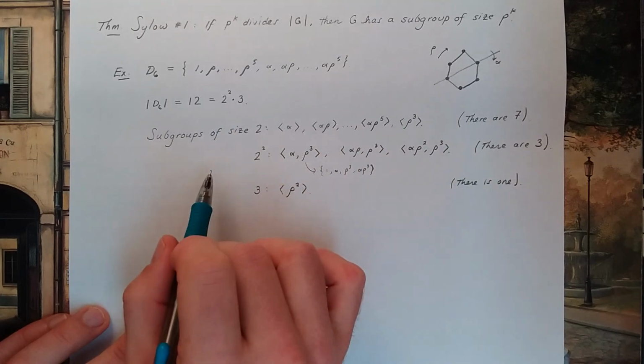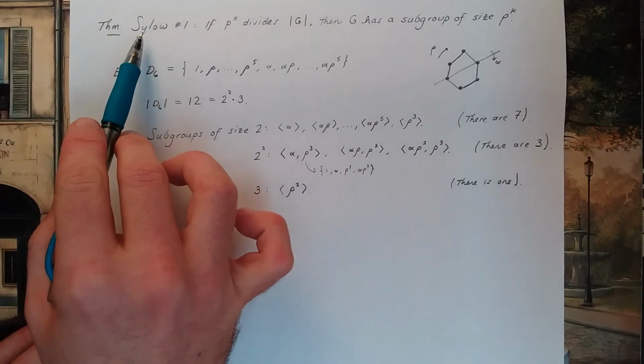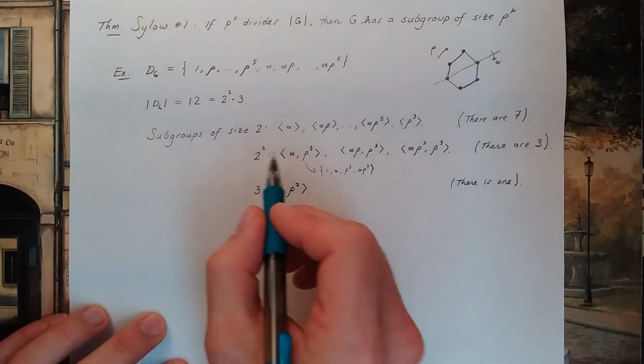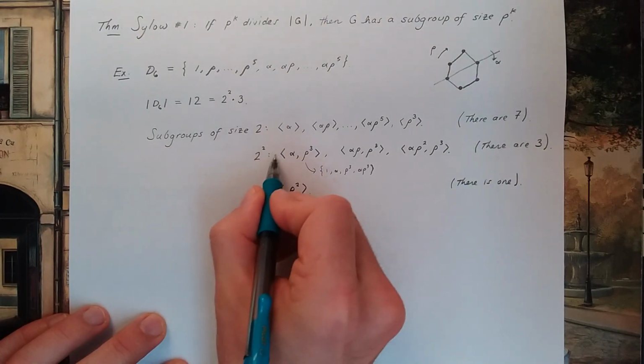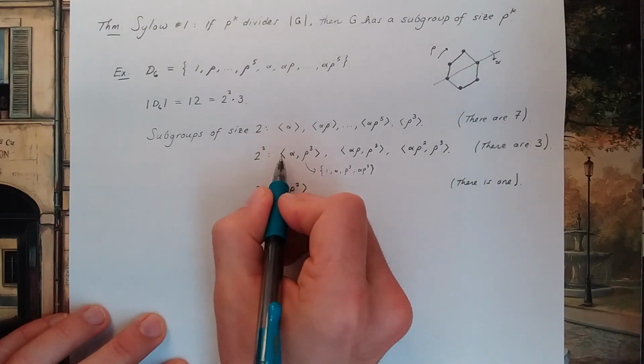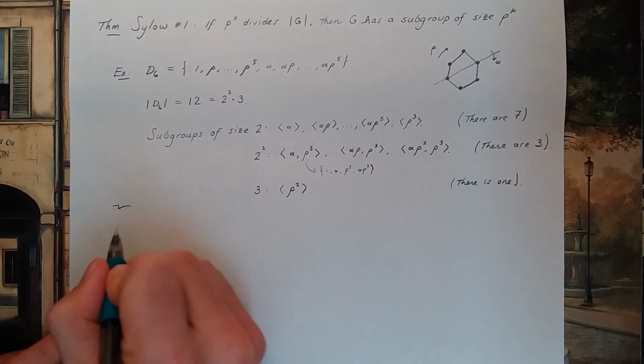The subgroups that will involve Sylow theorems number 2 and 3 are the subgroups that correspond to the highest possible prime power. So let me make a definition.